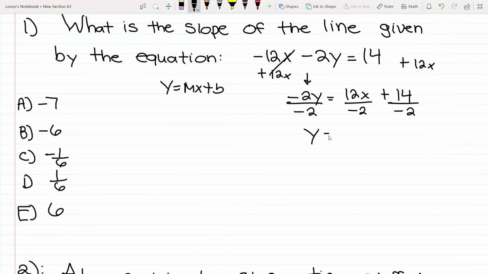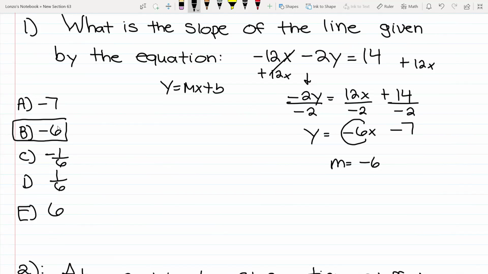So you get y equals 12 divided by negative 2 is negative 6x, and 14 divided by negative 2 is negative 7. So what is the slope now? My slope is the number in front of x, so my slope is going to be negative 6. So it's going to be letter B.